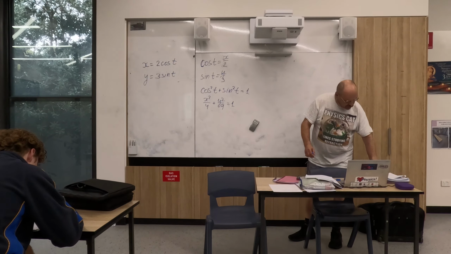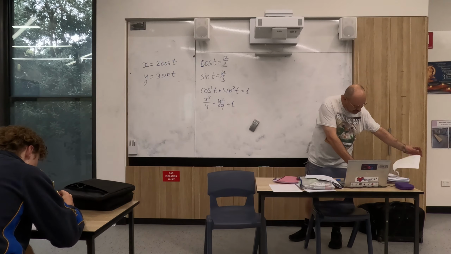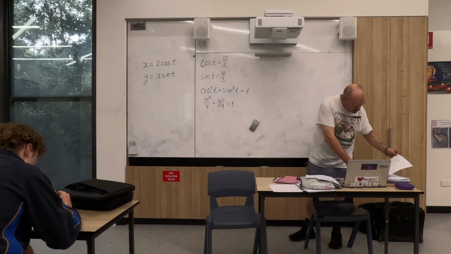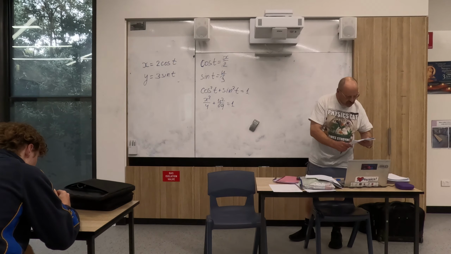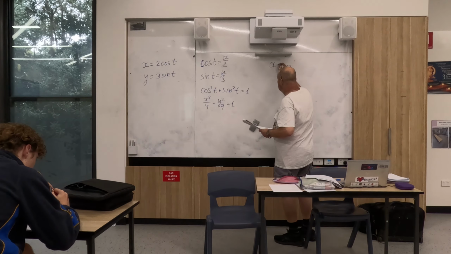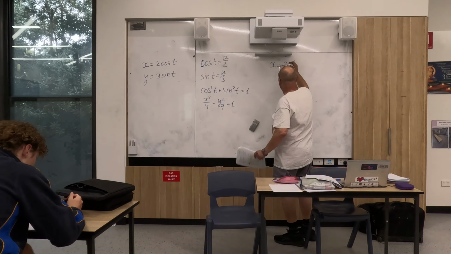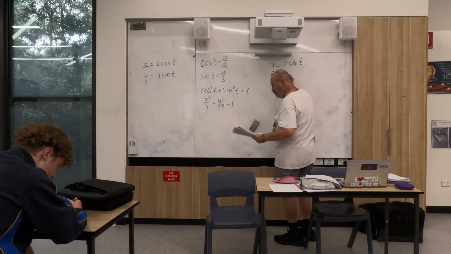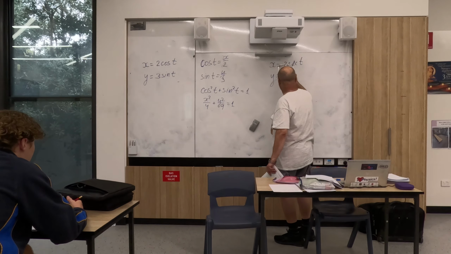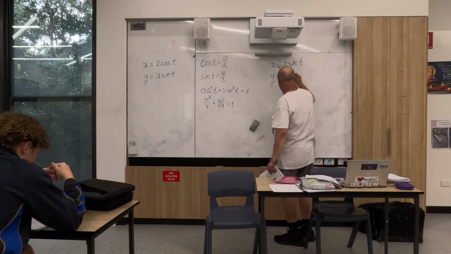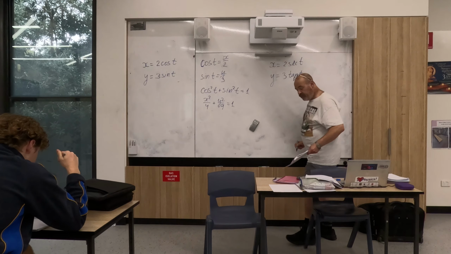Now, let's do another example. If we have x equals 2 sec t, y equals, let's say, 3 tan t.